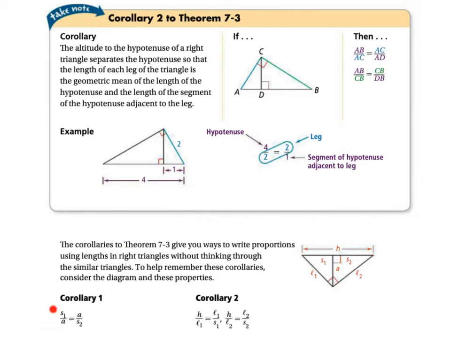So segment 1 times segment 2 equals the altitude squared. And you also get this, where leg 1 squared is equal to the hypotenuse times segment 1, both coming from that same triangle. And the hypotenuse times segment 2 is equal to leg 2 squared. So take these as notes.